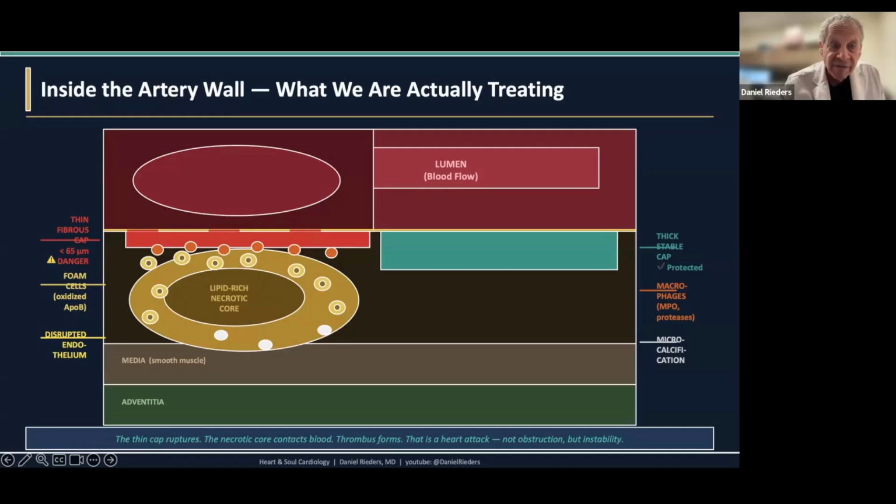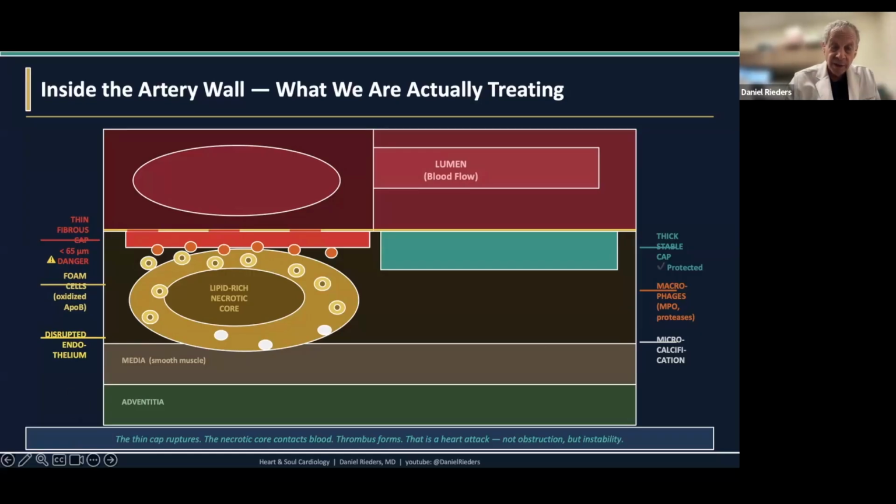And if this thin fibrous cap gets thinner, which protects the plaque from entering the bloodstream, it can burst open, rupture, and that's what causes a cardiac catastrophe.